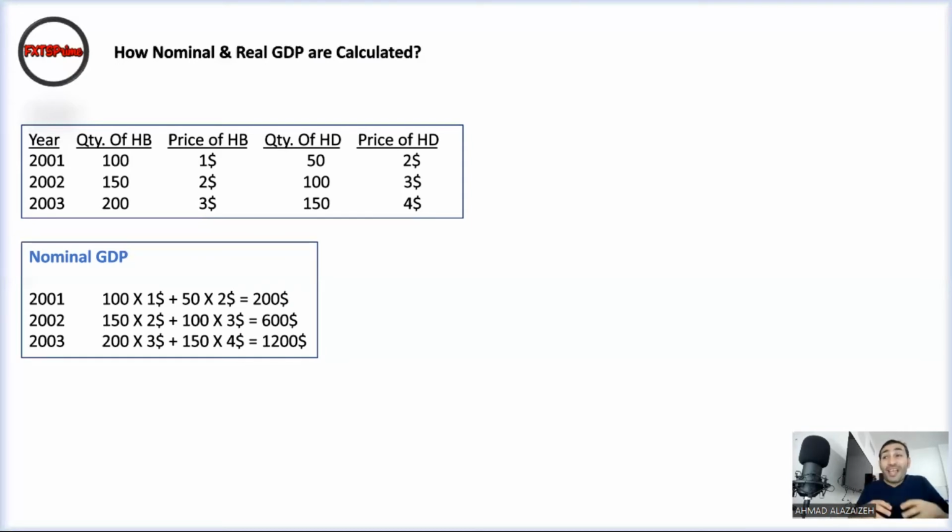But what I'm interested in is the product being sold in the market and how much growth is happening on that product. Because if you realize here, the price is going up from one year to another and the productivity is going up.